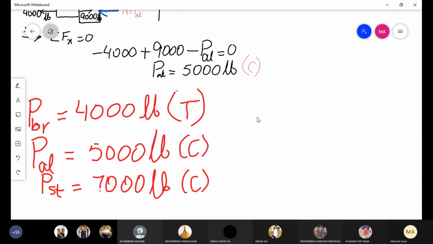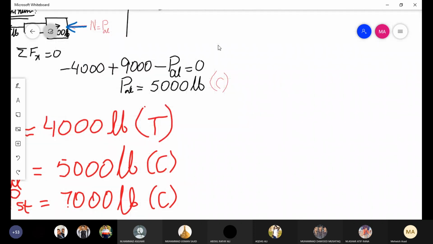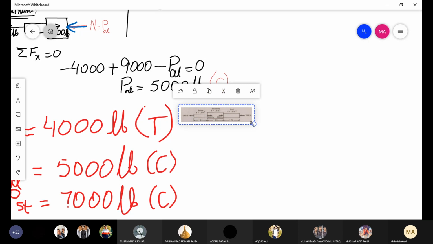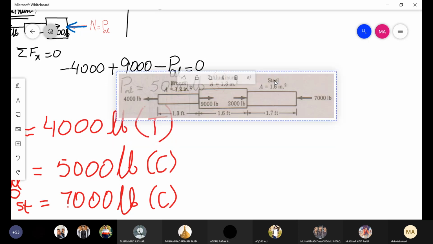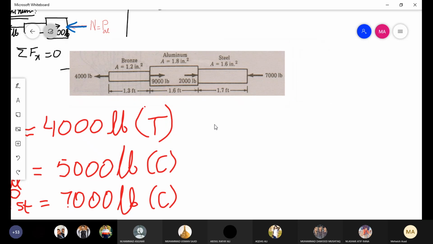Also from the given figure, the areas were also given over here.